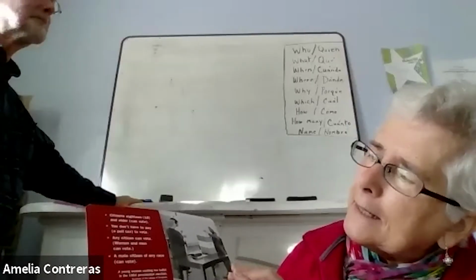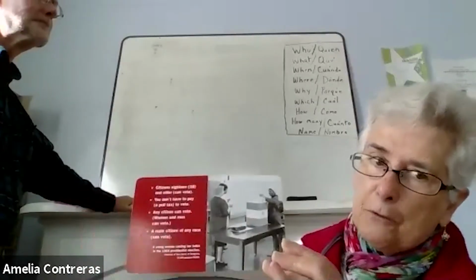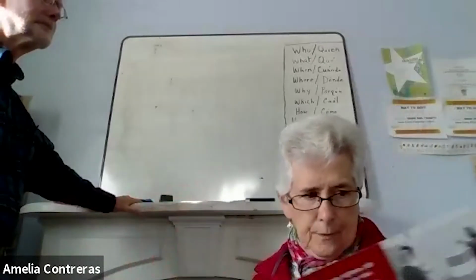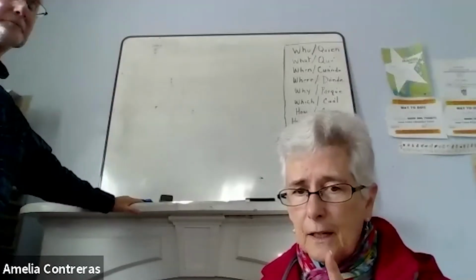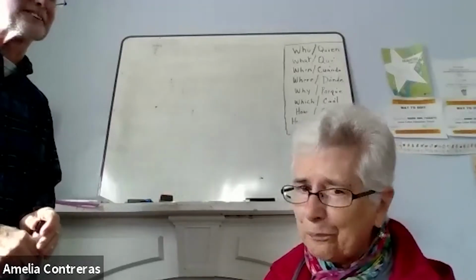Any citizen can vote, men or women. A male citizen of any race can vote. But are you asking only to mention one, or can they ask all 4 of them when they make the questions? You only have to say one of them. So you said women can vote. That was a good answer.